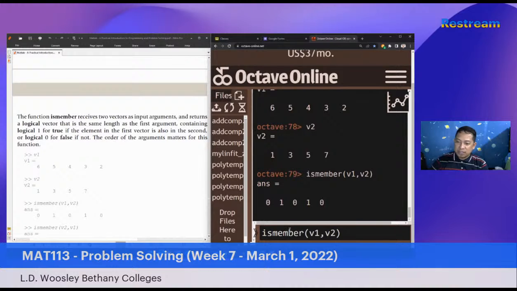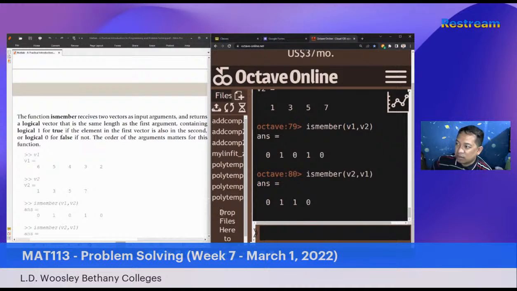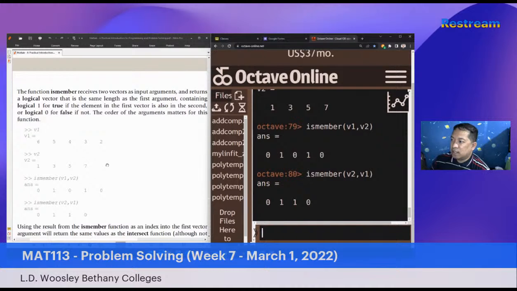Then we could reverse this, B2 and B1. So 0, 1, 1, 0. So 1 is no, 3 is yes, 5 is yes, and 7 is no. That is ismember.